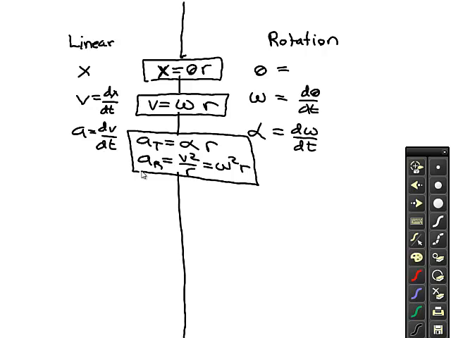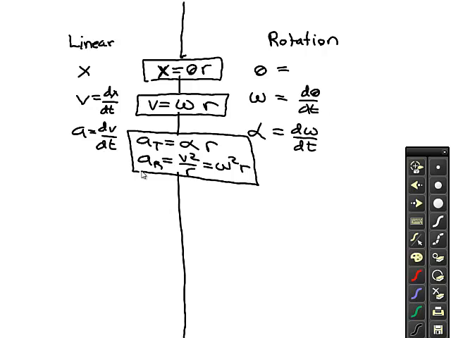Why did they pick the Greek symbols they did? Is there any reason for that, or were they graphically random? The idea here is that this is the same stuff, but in a rotational world. So alpha, for example, is the Greek letter lowercase a.